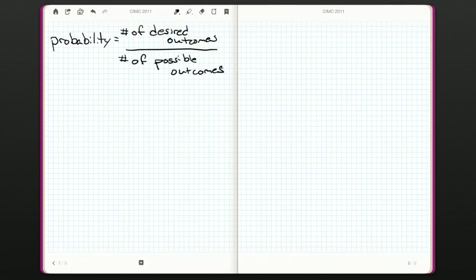Okay, so what do I mean? A possible outcome is the red die showing a 2 and the blue die showing a 3. Okay, that's a possible outcome. But they're not the ones we're looking for.